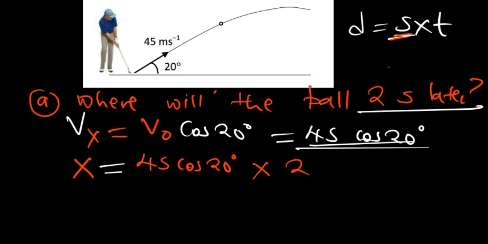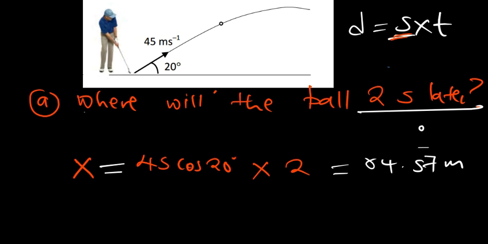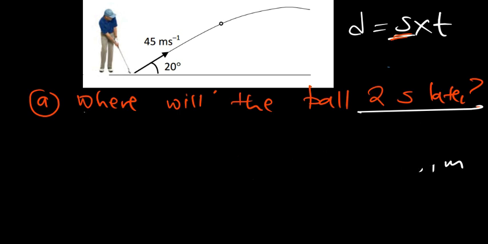Okay, so if you multiply that, you're going to get 84.57 meters in the x direction. So you've seen that we've actually determined the distance covered in the x direction without saying anything about the y direction. Okay, now how about the y direction? This is now where the equation that I mentioned is very, very important.